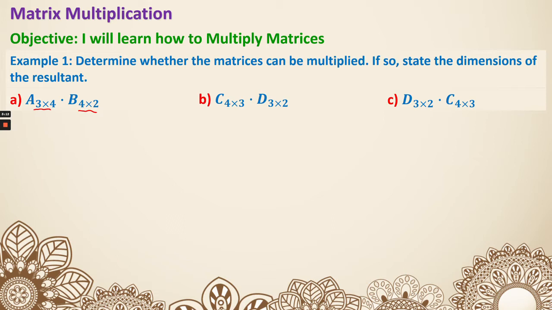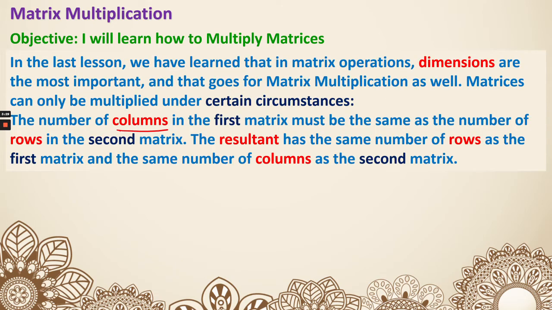Starting from now, we're not going to write the word by anymore for dimensions. We are going to use a multiplication sign. When I say multiplication sign, it's not the dot, it's the cross. So for the first one, that means I have 3 rows and 4 columns. In the previous slide, it did say the number of columns in the first matrix and the rows in the second matrix.